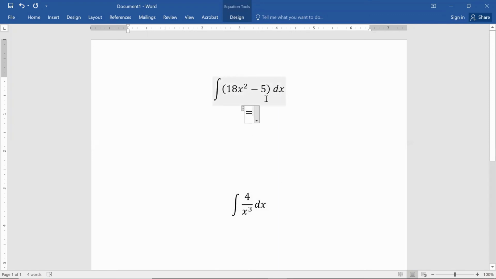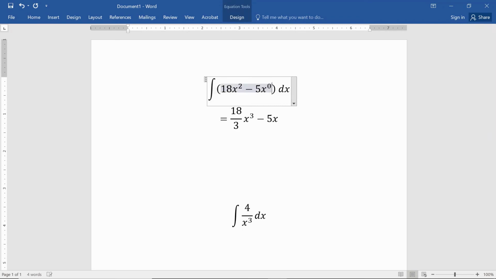If I take 18x squared, what I'm going to do is focus on the x part first. Raise the exponent by 1, and then deal with the coefficient. The coefficient is my old coefficient, 18, divided by 3. Once again, I'm using that power rule that we saw earlier. If I have a constant number, that minus 5 is like minus 5 times x to the 0.